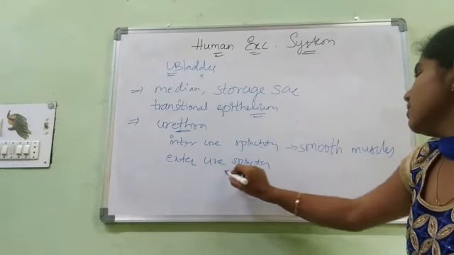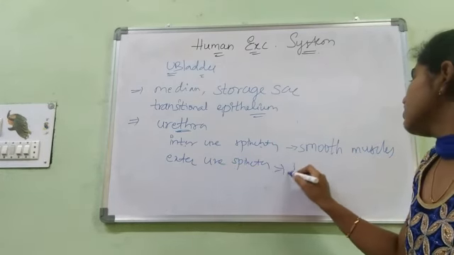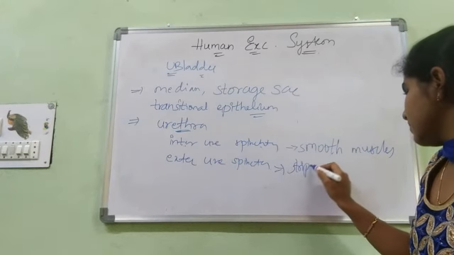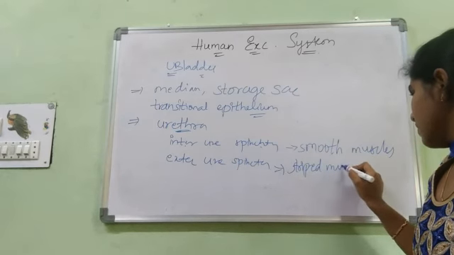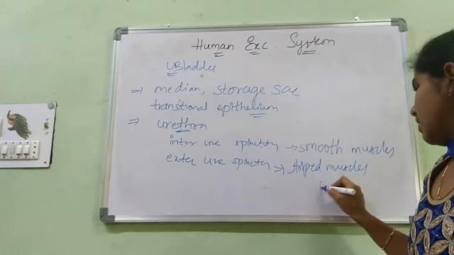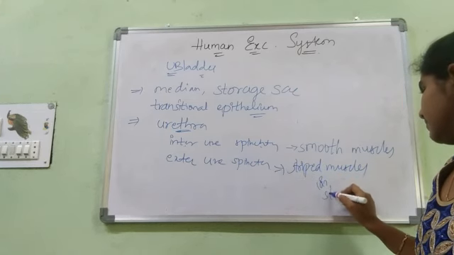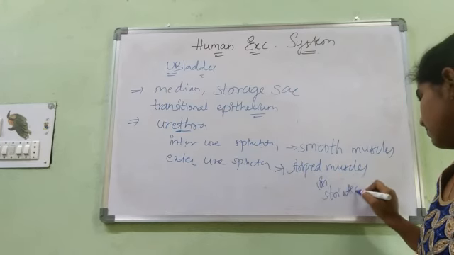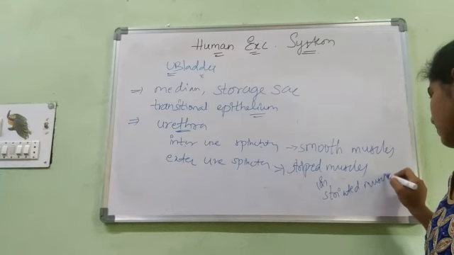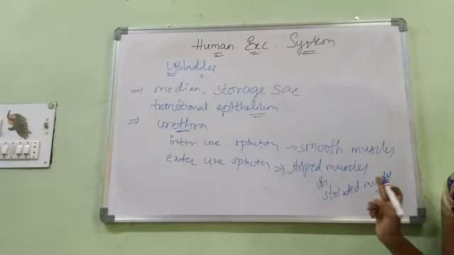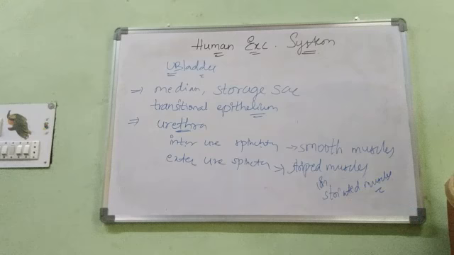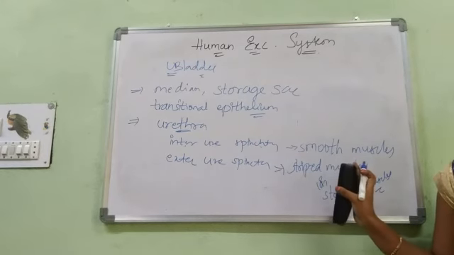And the external urethral sphincter is made up of striped or striated muscles. Note down, friends, this is most important. Don't waste your time, get all these points noted.